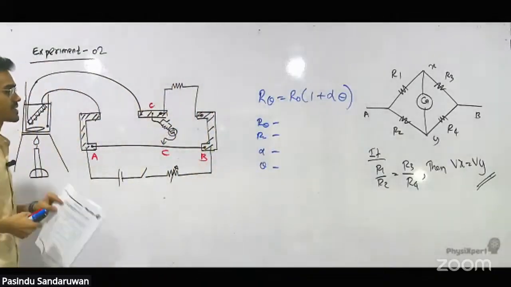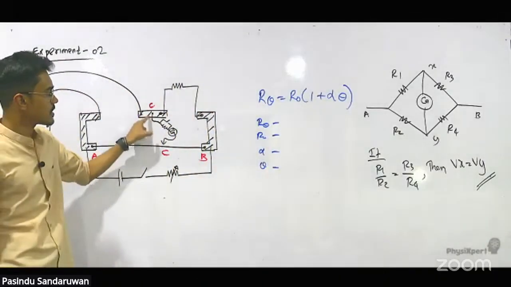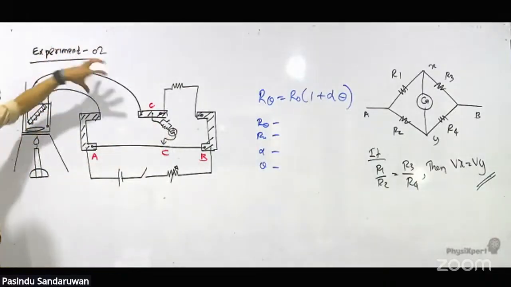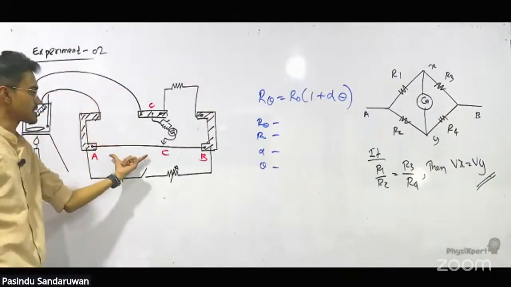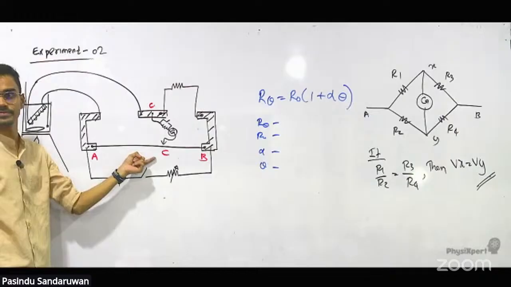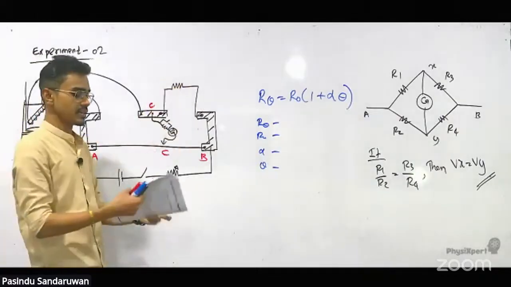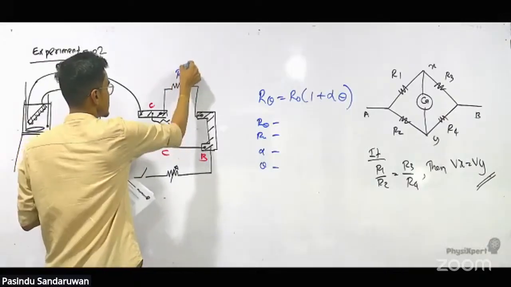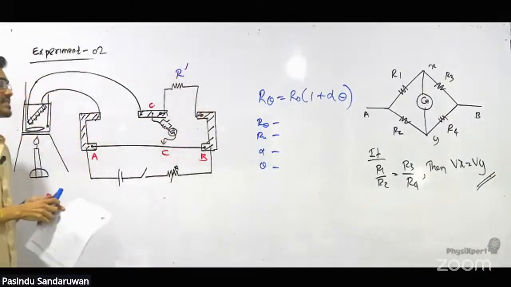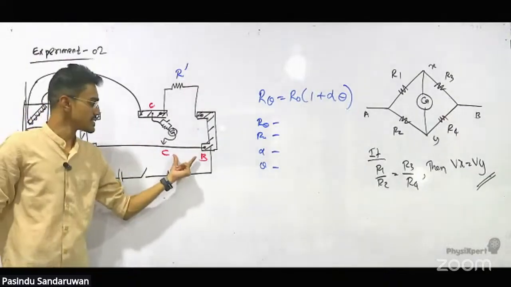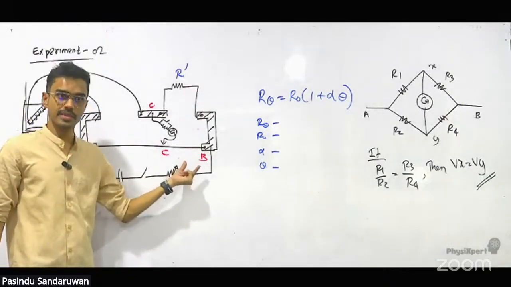If no current flows through the galvanometer, then there is a metal resistor, and resistors for the meter bridge wire of length AC, and another resistor, R dash, a known non-fixed resistor, and a resistor for the length CD of the meter bridge wire.